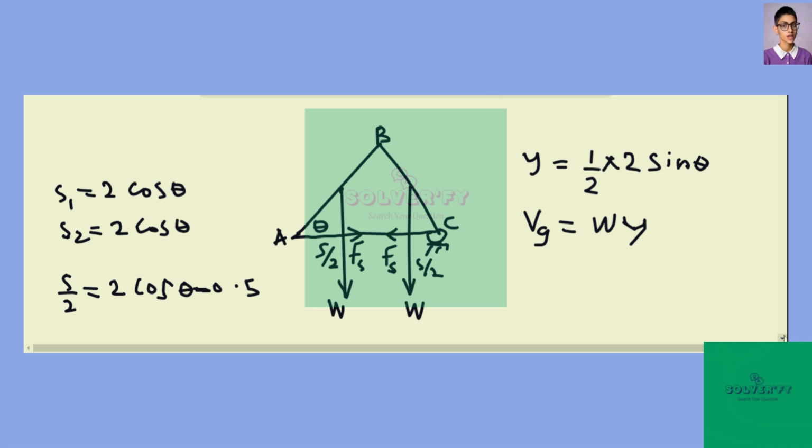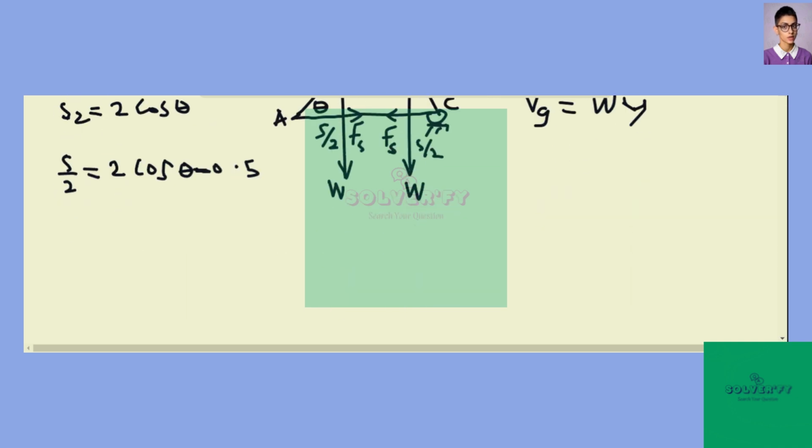So we can now look at the elastic potential energy. V sub E is going to give us the spring force S times S over 2, which is the same thing as K, the spring constant, times S squared over 2.